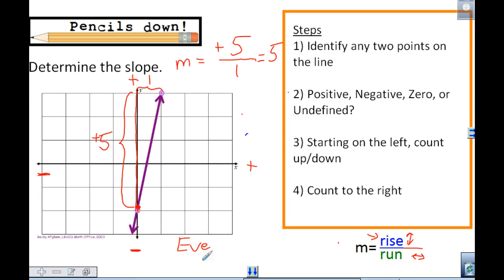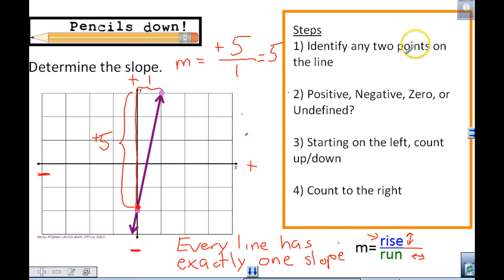Write this down: every line has exactly one slope. Meaning if I pick 2 other points, I must get the same exact answer.